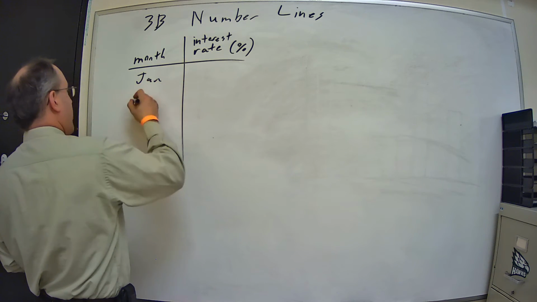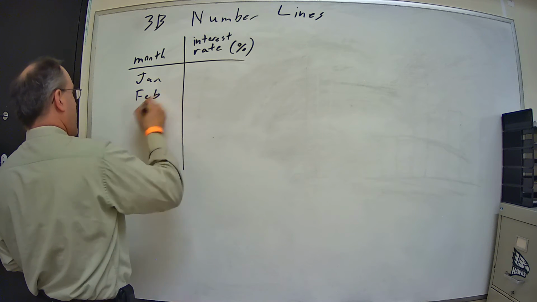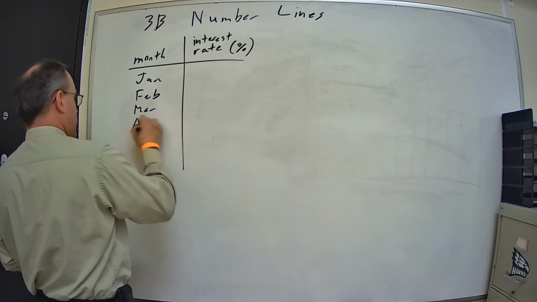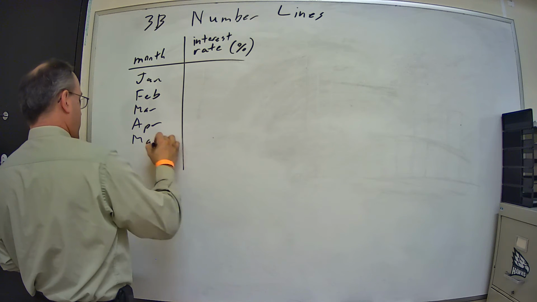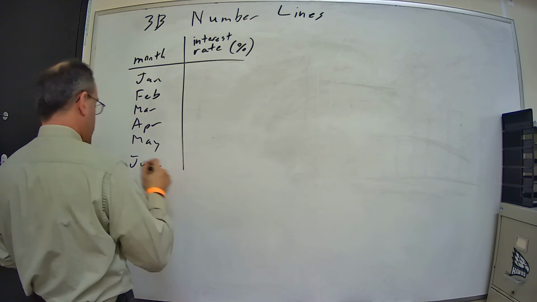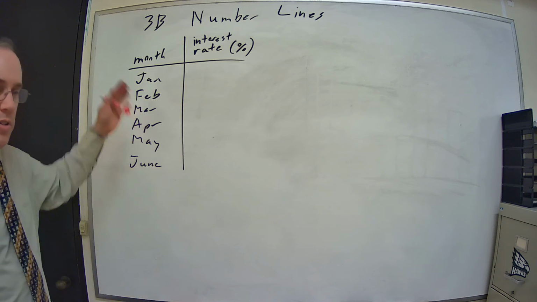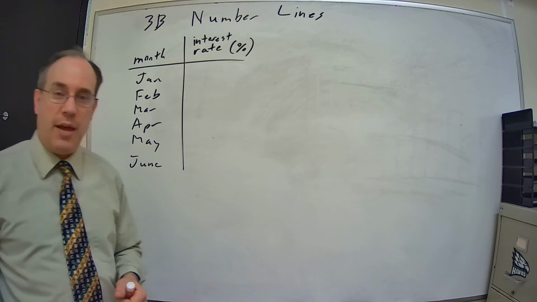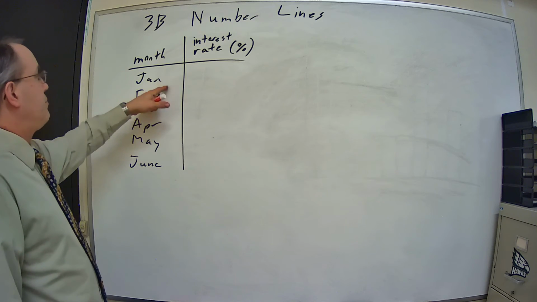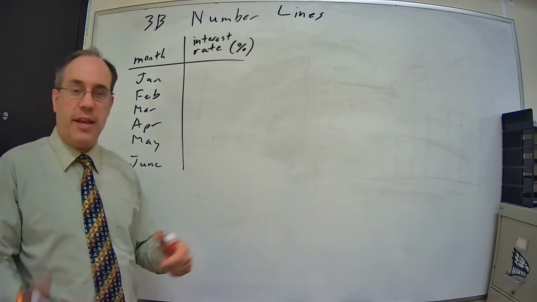So we've got January, February, March, April, May, June. I could go further, but I'm not going to because I just don't want to put in that much effort. So we're looking at the percent that it changed that month.